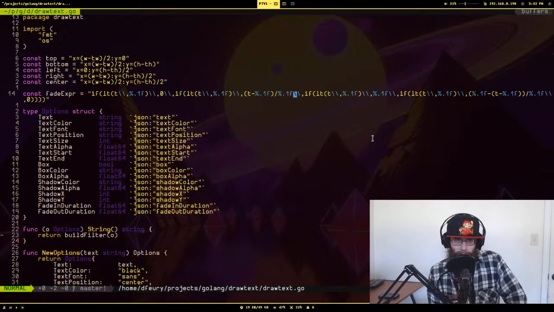So anywhere there's an x in the original equations, you would basically replace it with this, at least for the fading duration stuff.